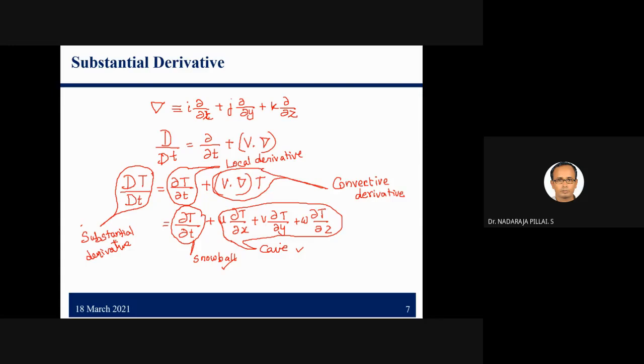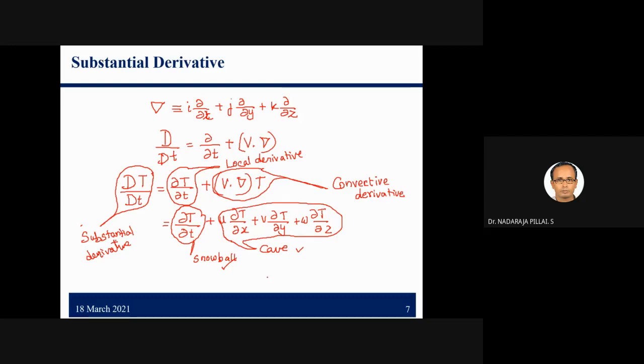So all our equations like continuity equation, momentum equation, and energy equation can be written in terms of the substantial derivative. So I recommend you to think about it, and try to change our fundamental equations, that is continuity equation, momentum equation, and energy equation, in terms of the substantial derivative.